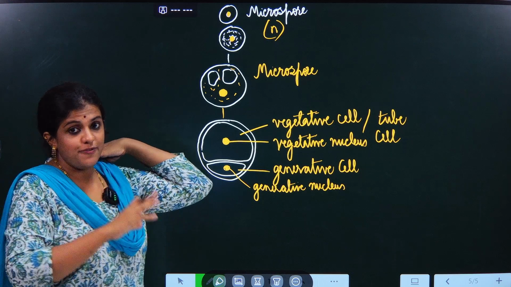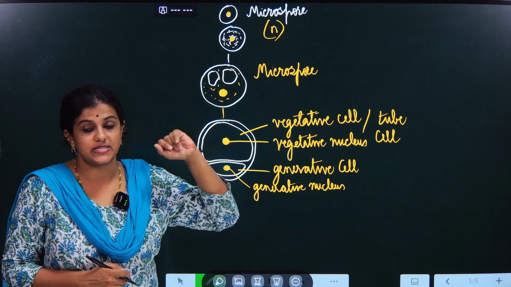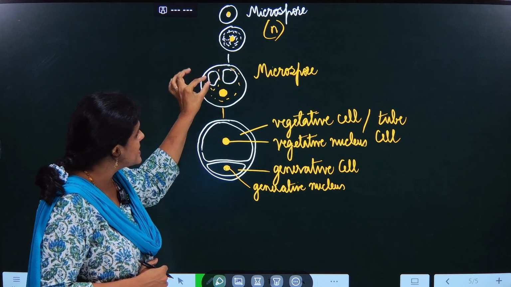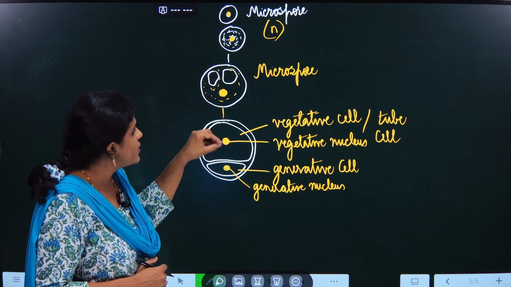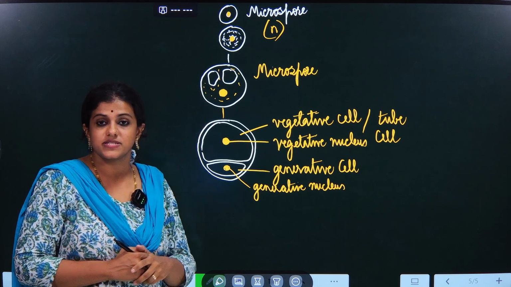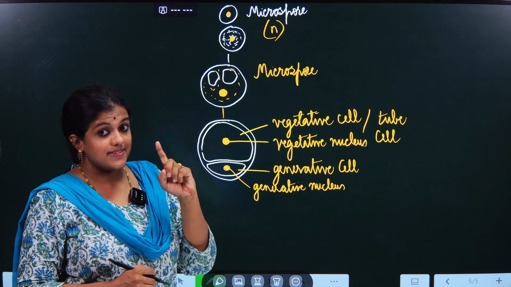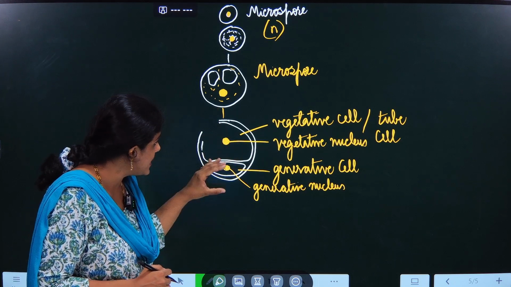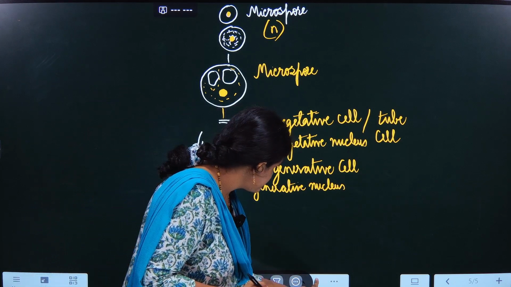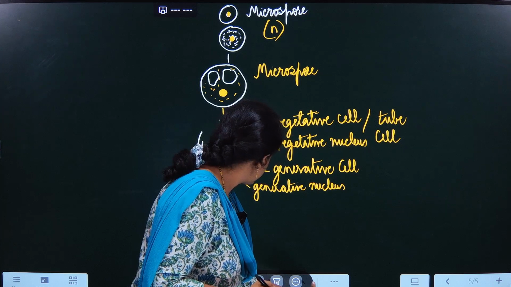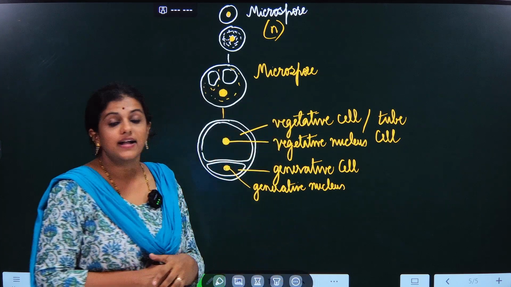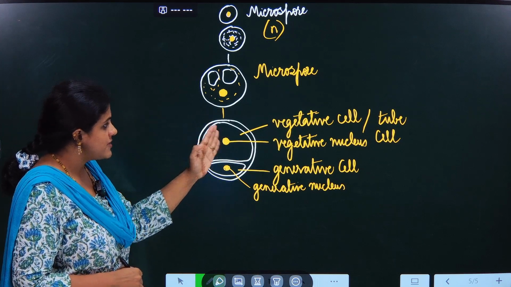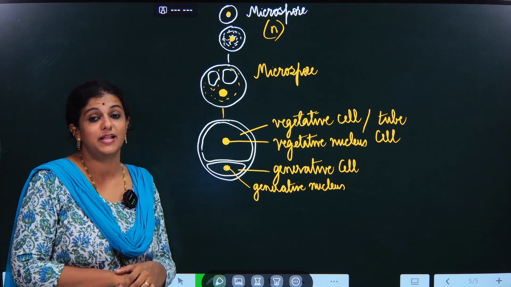First of all, I'll come back to the concept. This is the microspore. It has grown in size, it has developed vacuoles in it, it has increased its reserve food materials, and next its nucleus has undergone division, and ultimately two unequal cells have been formed, which are the vegetative cell and generative cell.